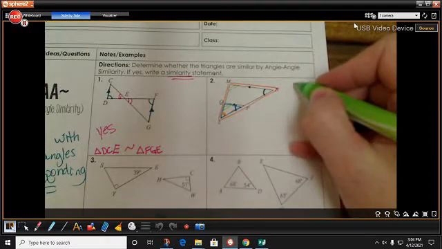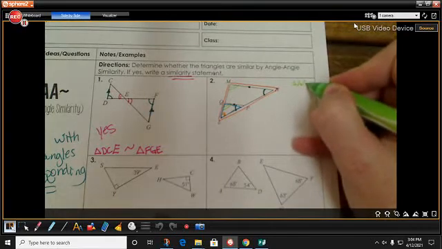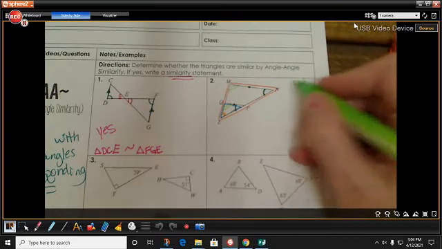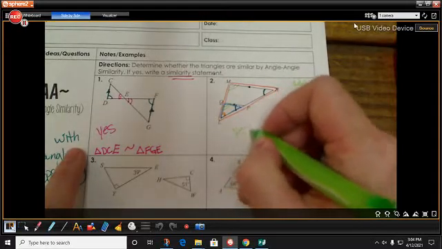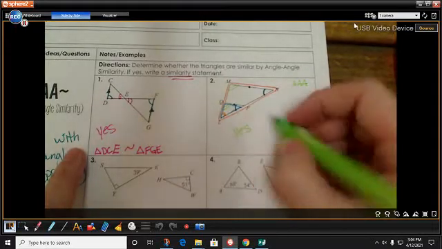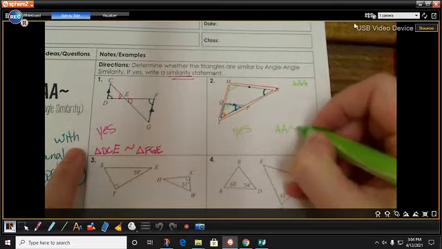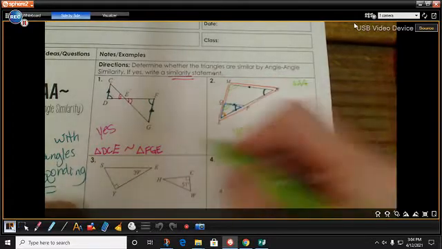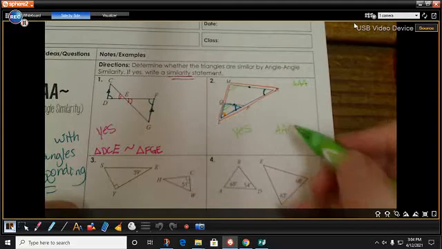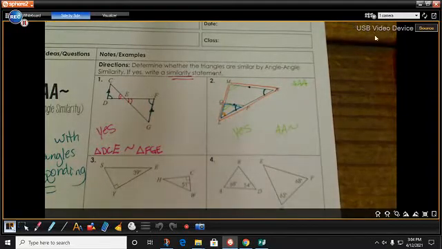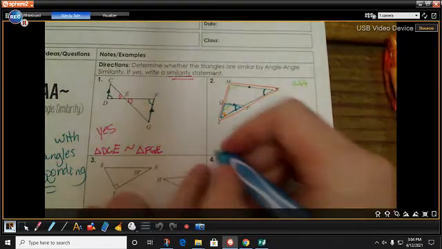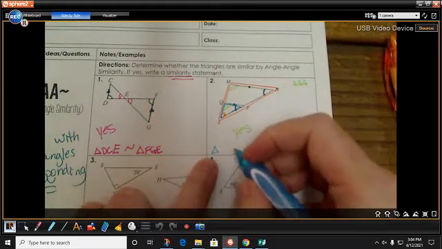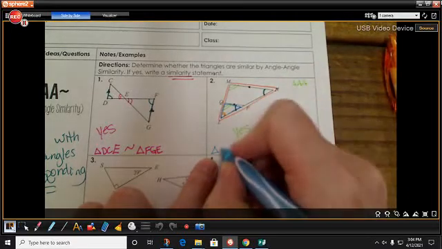I actually have 3 angles worth here of congruence, but I only need 2 of them. And so I can say that yes, these are similar triangles based on angle-angle similarity, because any 2 of these sets would have worked. And so let's go ahead and write our similarity statement now. My blue triangle, I think I'll name the blue triangle, let's go with QPL.